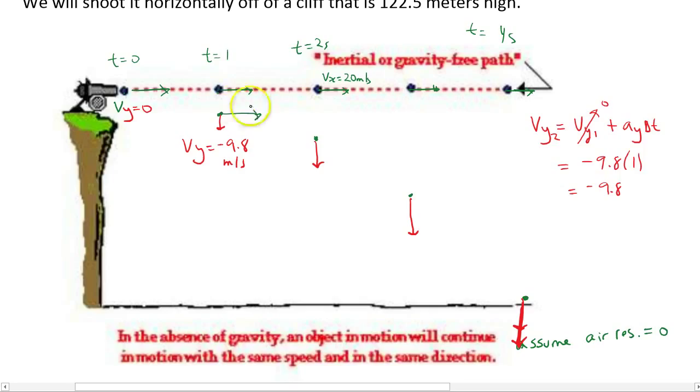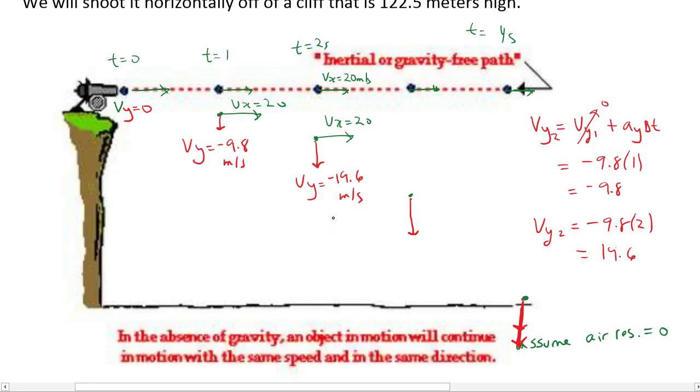There it's going 20. Here, horizontally, it's still going 20. And now, vertically at this point, it's going to be going 2. If I did this again, Vy2 is going to be equal to negative 9.8 times 2. So that would be equal to, what is that, 19.6. So here it's going Vy equals negative 19.6 meters per second.